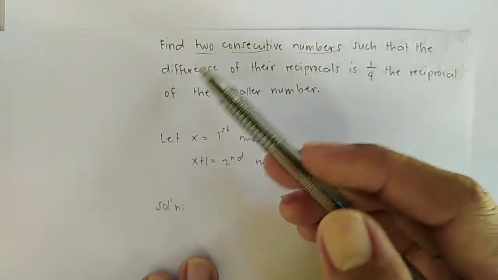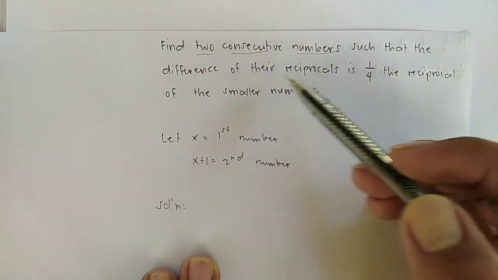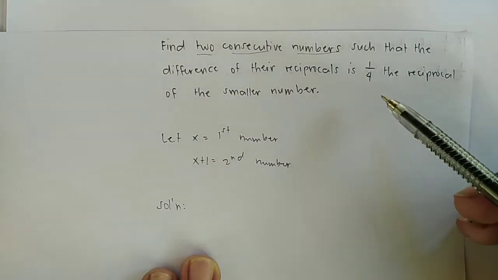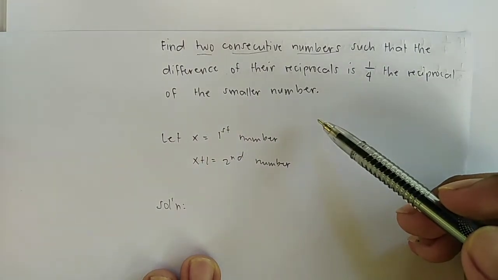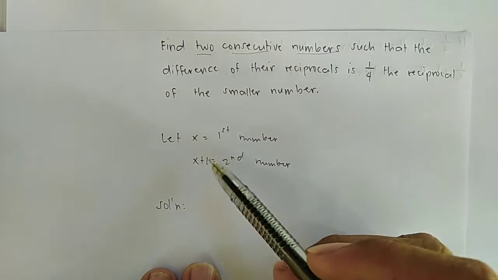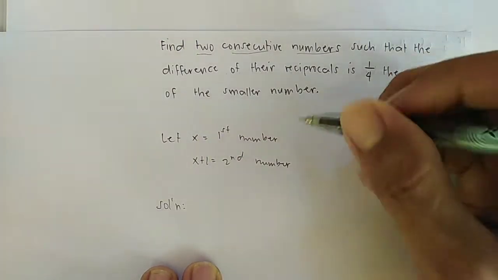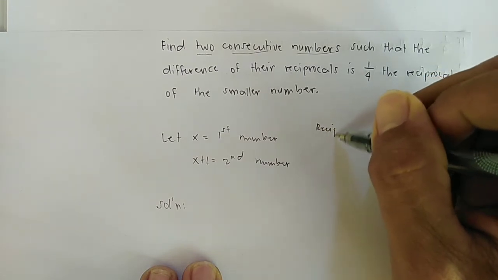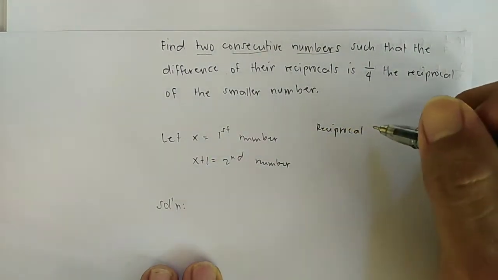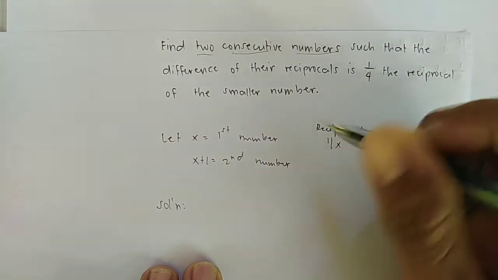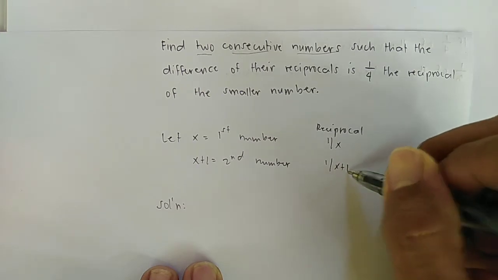So let us read again the problem. Find 2 consecutive numbers such that the difference of the reciprocals is 1/4 the reciprocal of the smaller number. So meaning to say, if we are going to get the reciprocal of x, that is 1 over x, and the reciprocal of x plus 1, that is 1 over x plus 1.